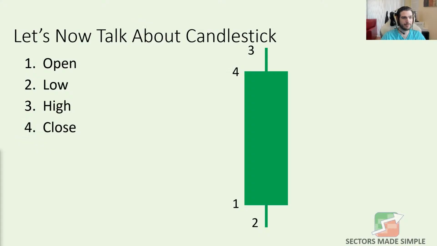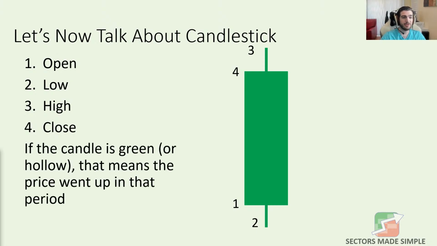And then the fourth, the top part of the candle's body, is the close. That is the price that it ended the day at. Now, if the candle is green, or if it's hollow, that means that the price went up during that period.